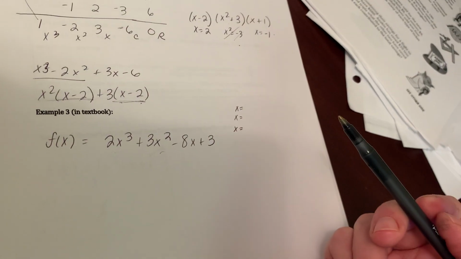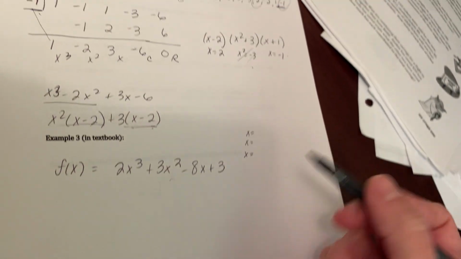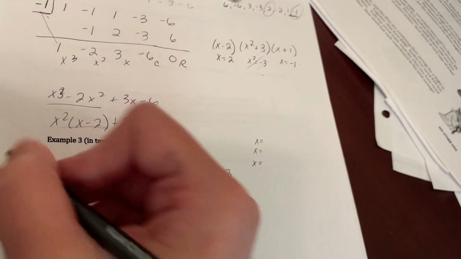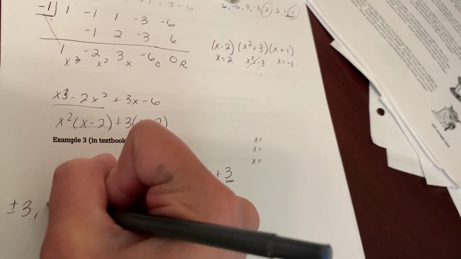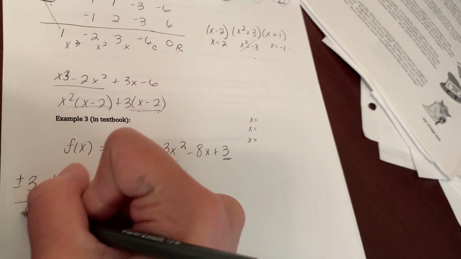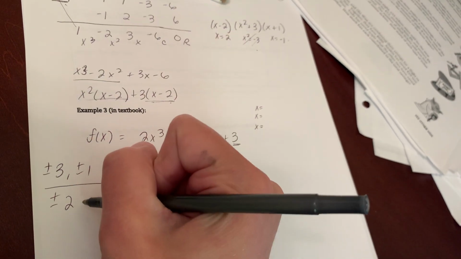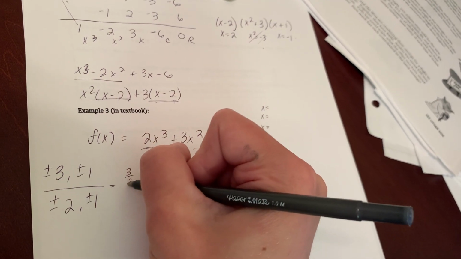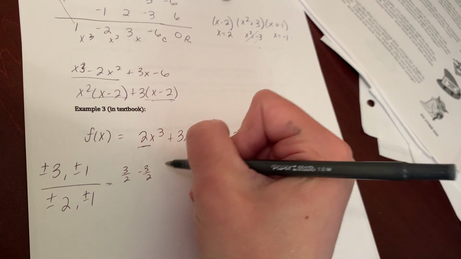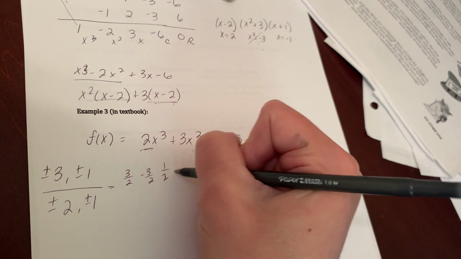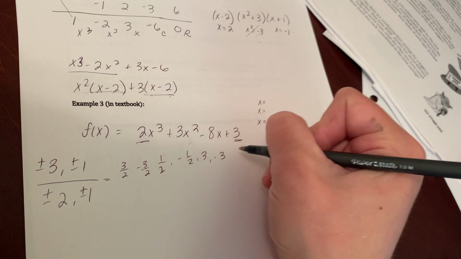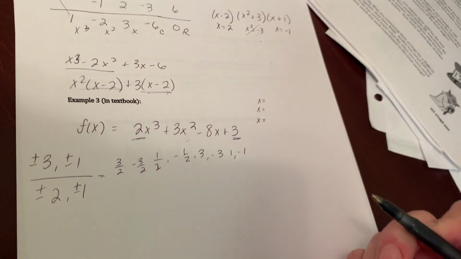Well, I can't factor like normal. I'm going to use the rational zero test. I'm going to take factors of 3 and put them over factors of 2. So you're going to have 3 and -3, 1 and -1 over factors of 2 and 1. So the possibilities are 3 halves, -3 halves, 1 half, -1 half, 3, -3, 1, -1.